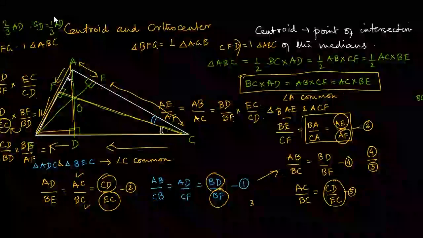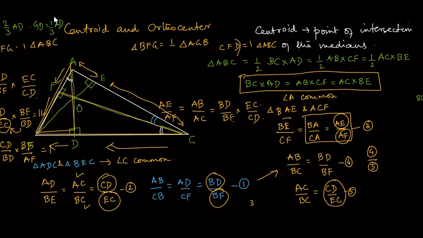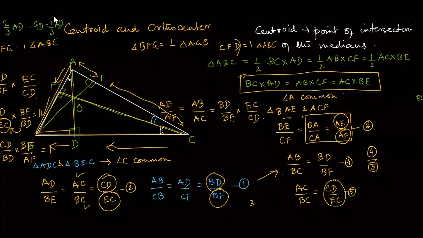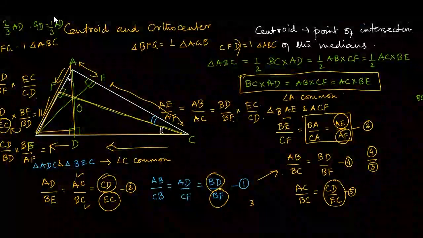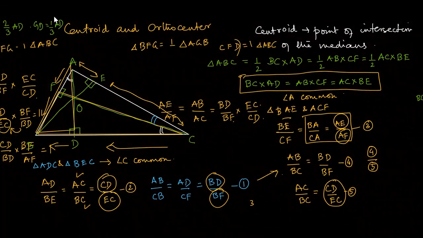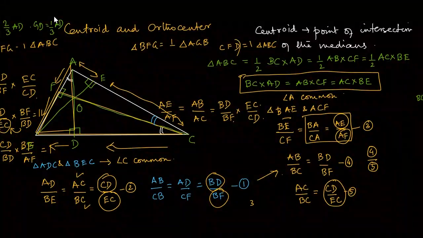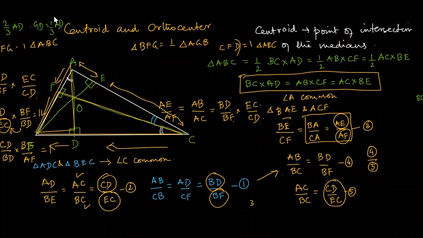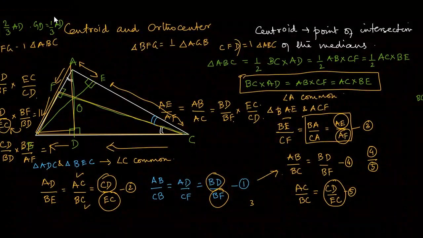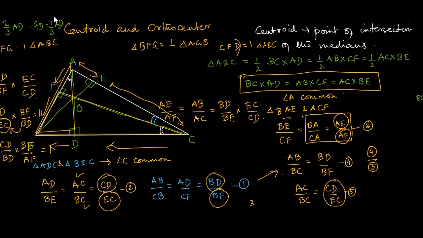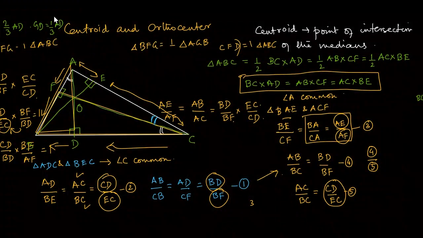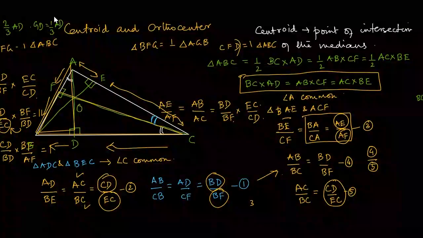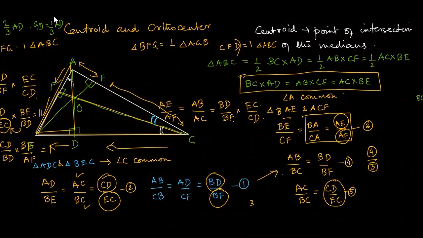Richa, which angle? Look at the two triangles we took when we considered A as the common angle, ABE and ACF. So angle ACF is part of the triangle ACF, and it is the corresponding angle that we proved equal when we did the similarity.